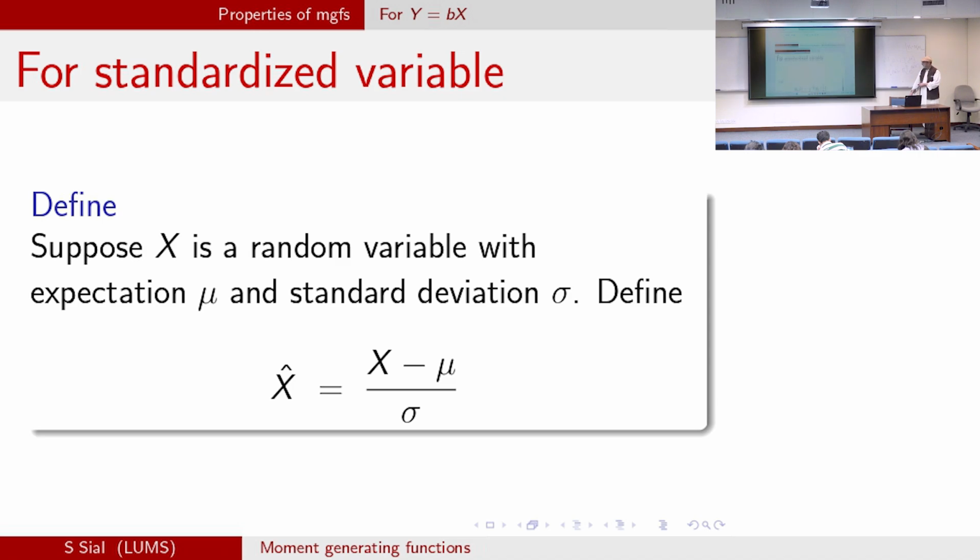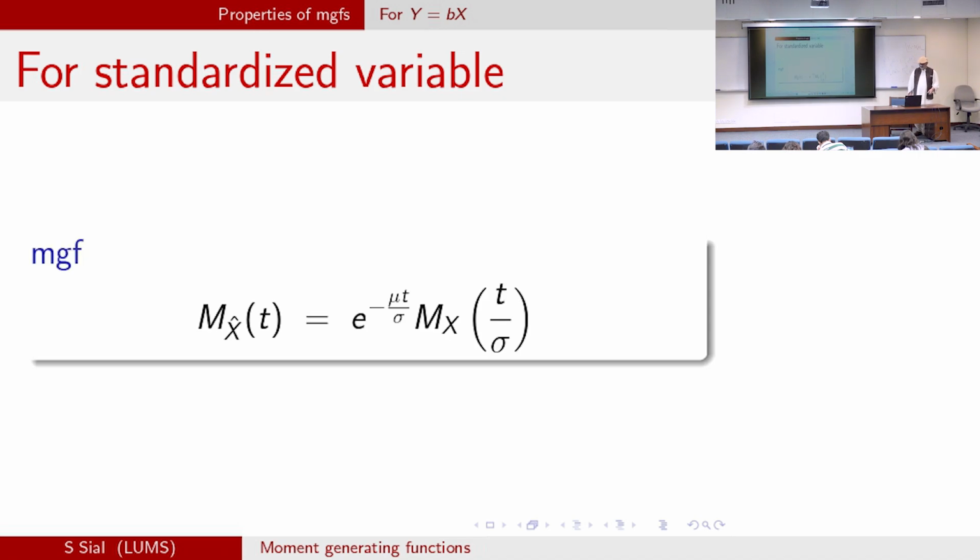So if we apply those two rules, then we get that the MGF for the standardized variable is the MGF for the old variable with t evaluated at t over sigma rather than evaluated at t, and multiplied by e to the minus mu t over sigma.